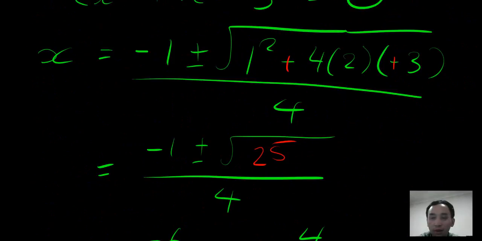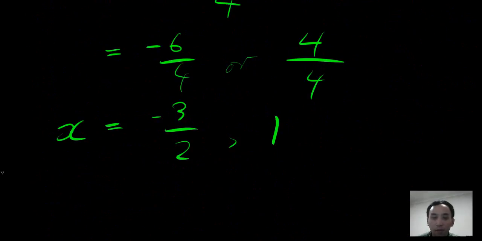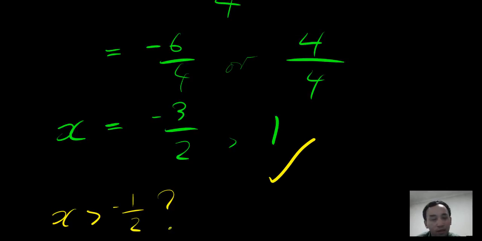And just to clarify on that, let's have a look. So it seems like 1 is okay. What about this negative 3 on 2? Is this greater than negative half? No, it isn't. It's a larger negative number, which means it's actually lower on the number line.